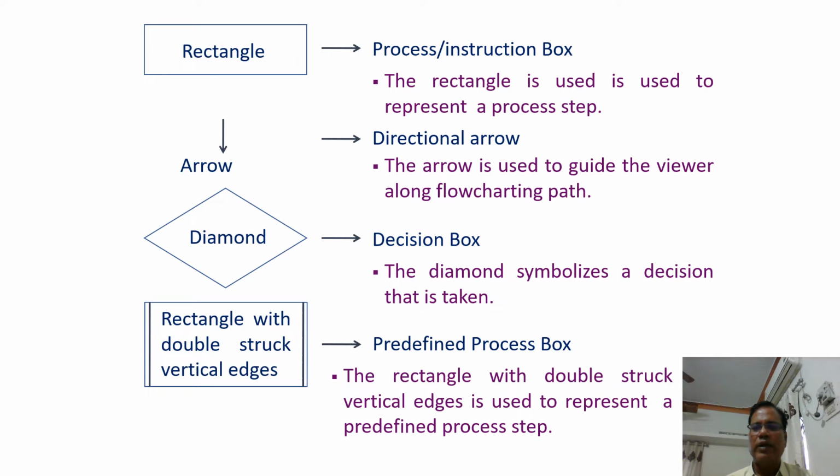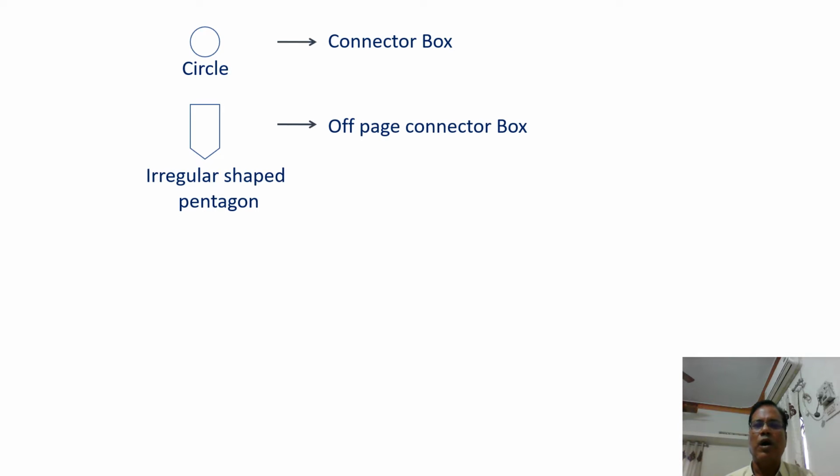It is used to represent a predefined process step. Then the circle, the connector box, and also the irregular shaped pentagon, the off page connector box.